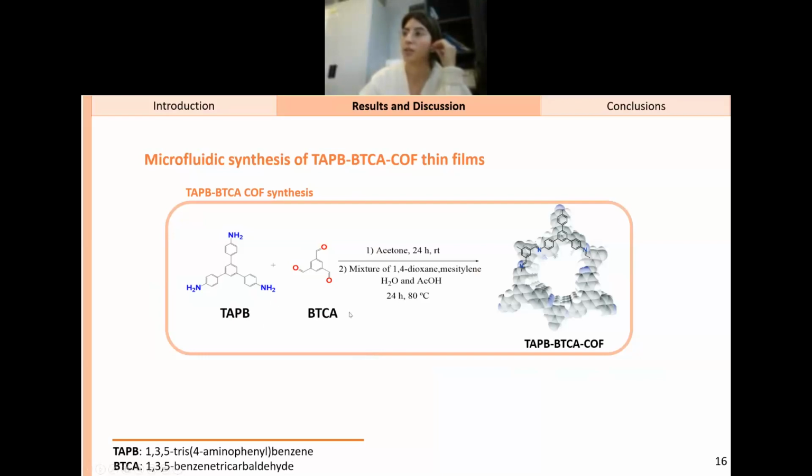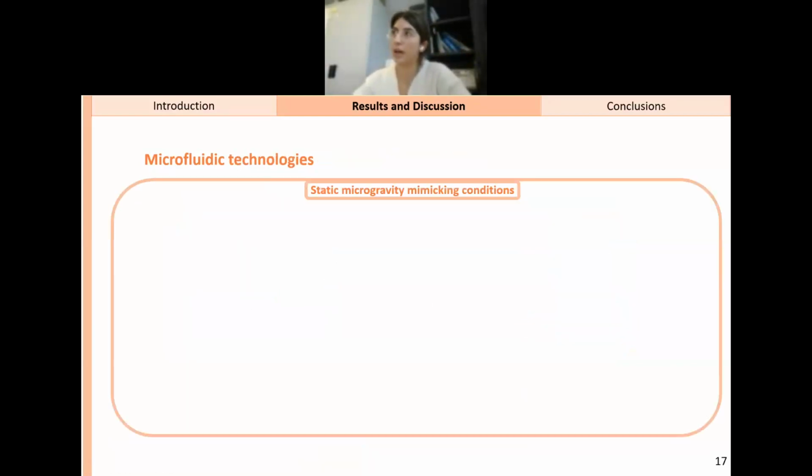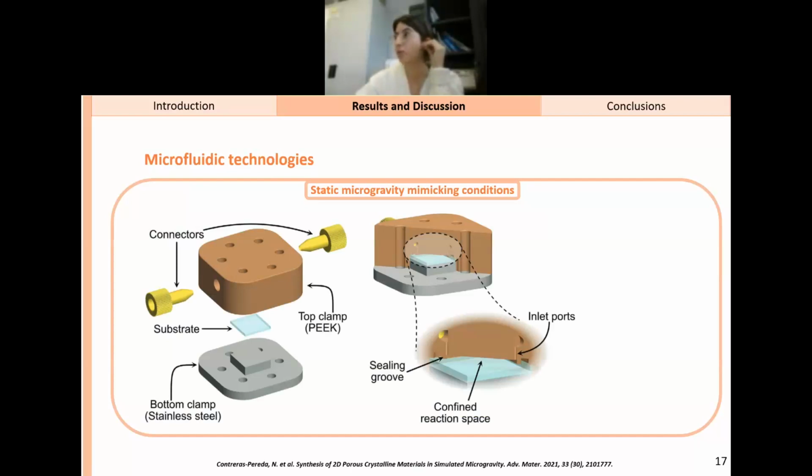You see these two precursors; the reaction required acetone to stabilize the two monomers, and after that, an annealing step with this mixture. This reaction was performed in a microfluidic device. Because they were using acetone as a solvent, they had to use another device that was resistant to that solvent.